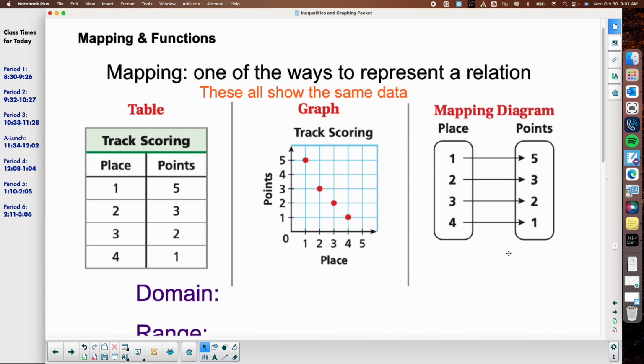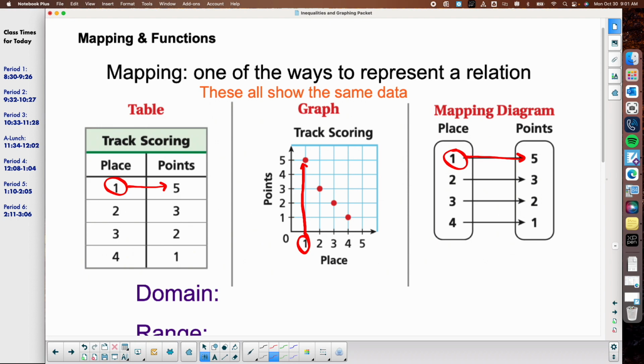So if I'm looking at this table, the 1 has an answer of 5. On a graph, the 1 has an answer of 5. So it is 100% the same information being shown 3 different ways.